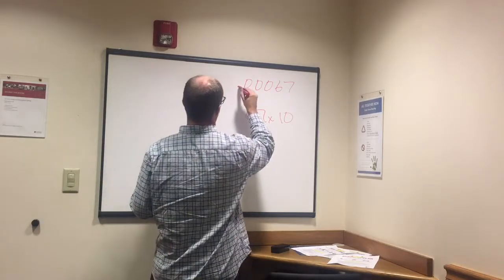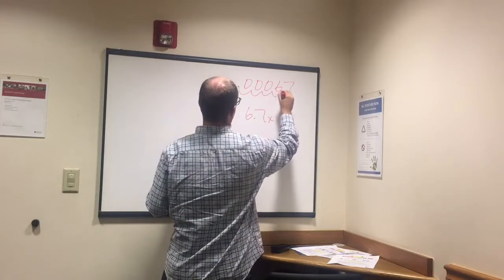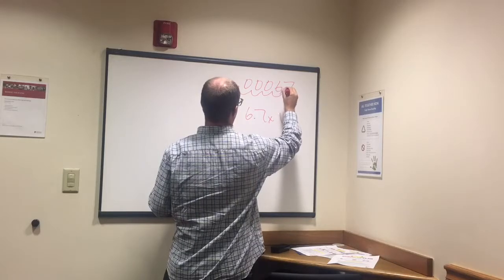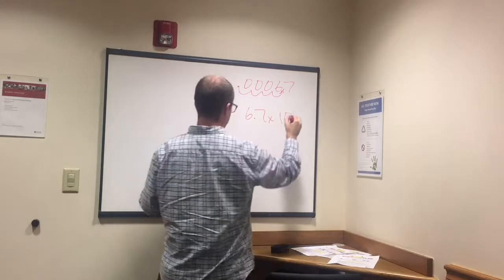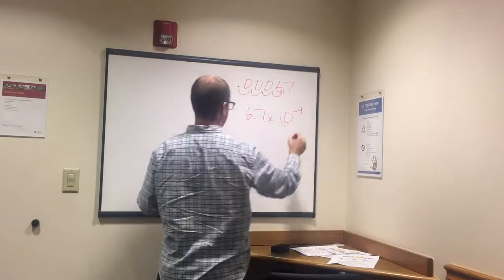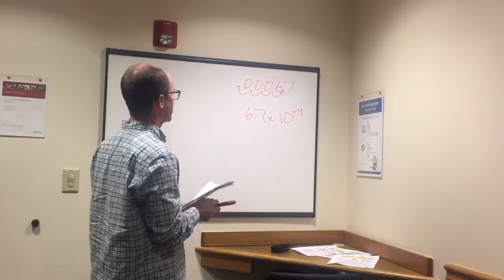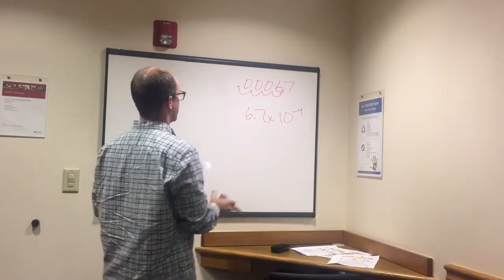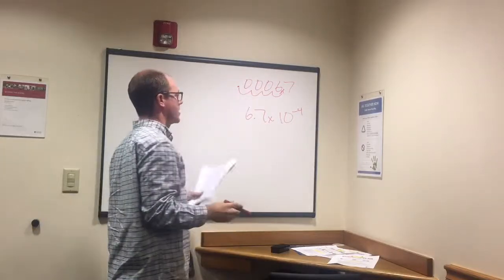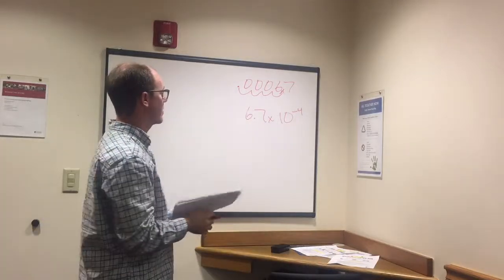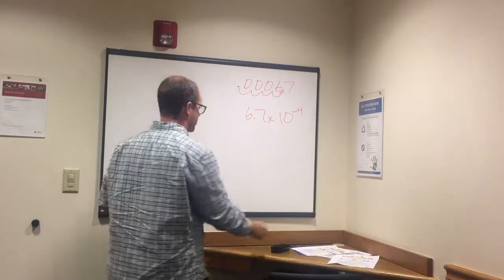Going here, we have to go 1, 2, 3, 4 to get that decimal place right there. So 6.7 times 10 to the negative 4. That's how we get that. Whenever we see 0.000, we know that exponent on 10 is going to have to be a negative for sure.